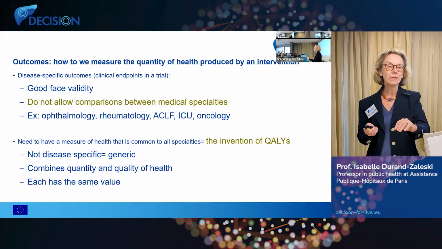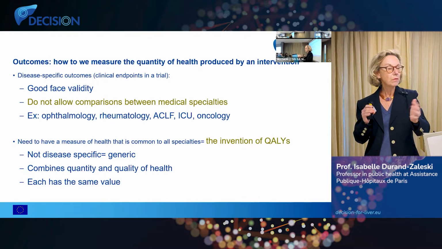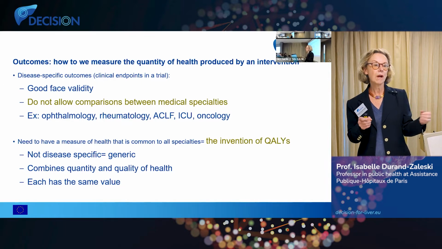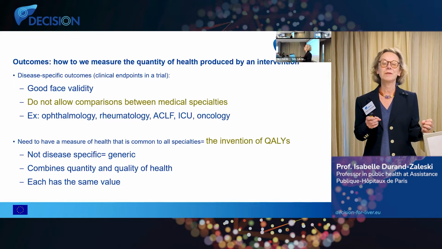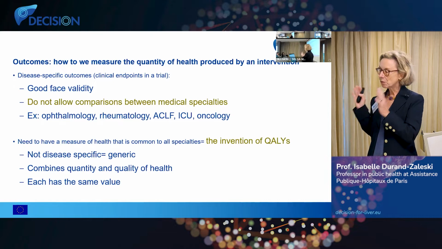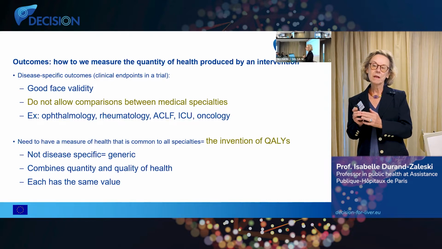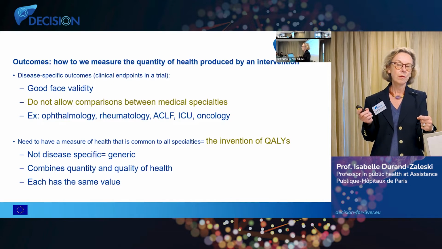It's the QALY. You've read that acronym. And that metric is just there to reproduce utility or satisfaction that you have in your head, and that allows you to take enlightened consumers' decisions. So to measure health, we use QALYs because they can compare every medical specialty with one another.